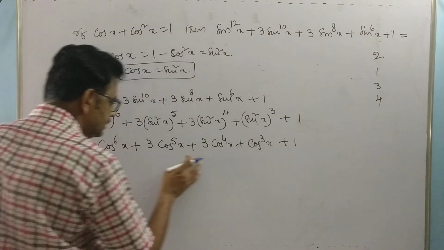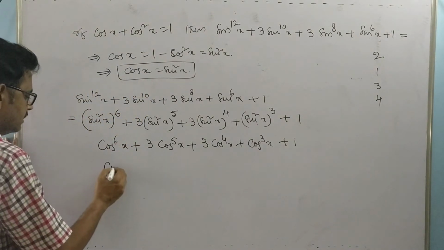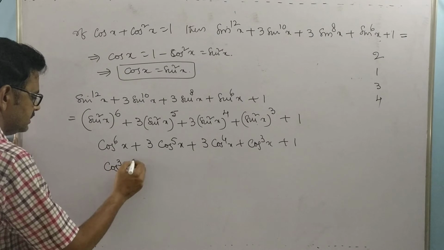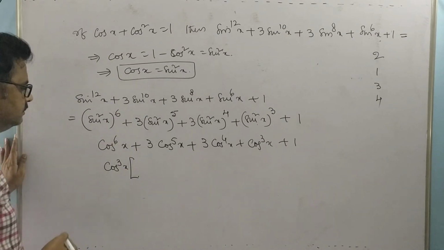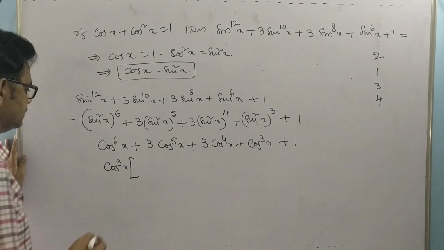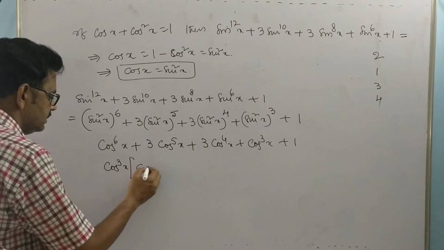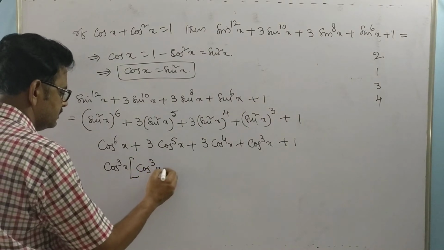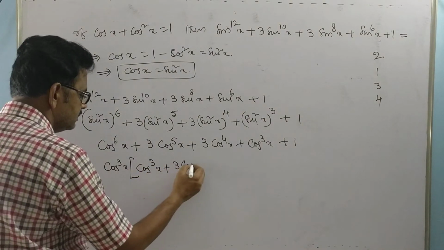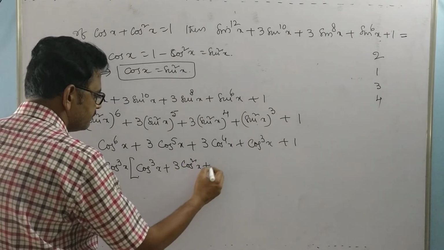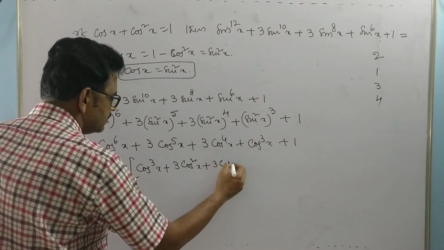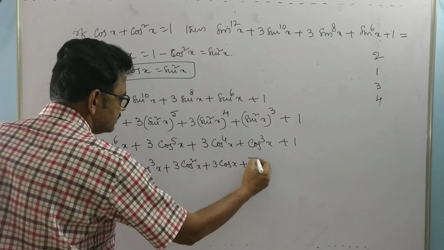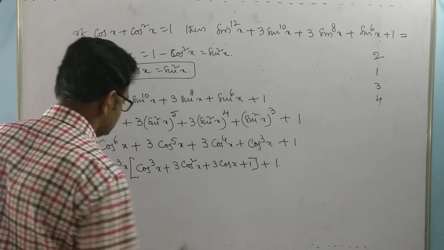So in this one you have to take cos cube x common. So this is cos cube x into cos cube x plus 3 cos square x plus 3 cos x plus 1, plus 1.